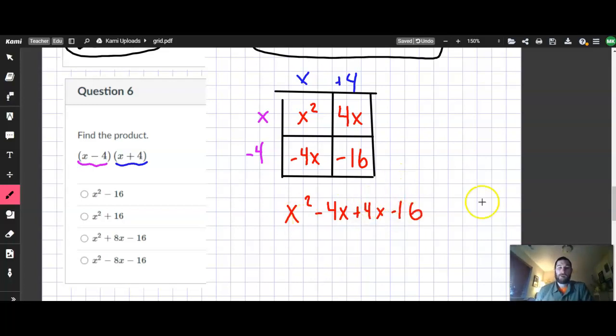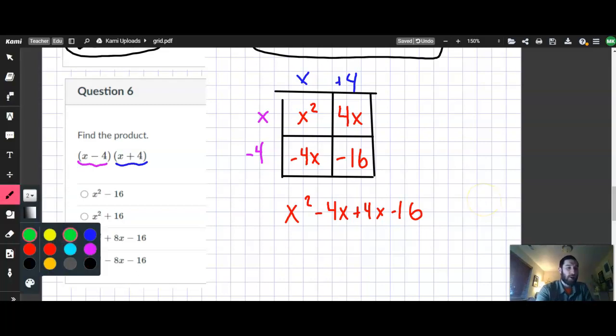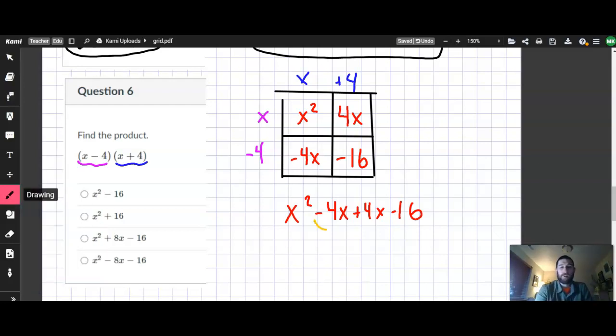And then we combine our like terms and look at this special. Right here, actually, what color do I want to use? I'm so excited, I'm going to use orange. Negative 4x plus 4x cancel out. Addition undoes subtraction. That gets a 0. And so really, all we're working with is x squared minus 16.